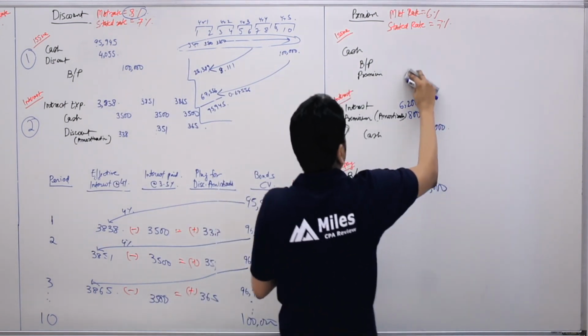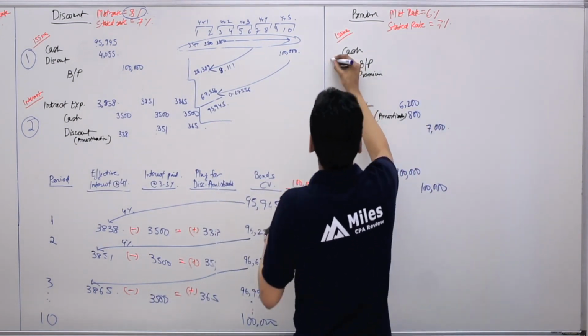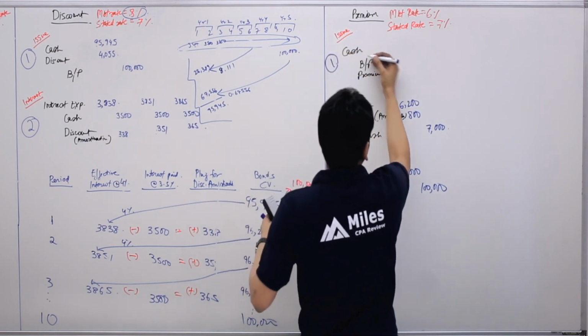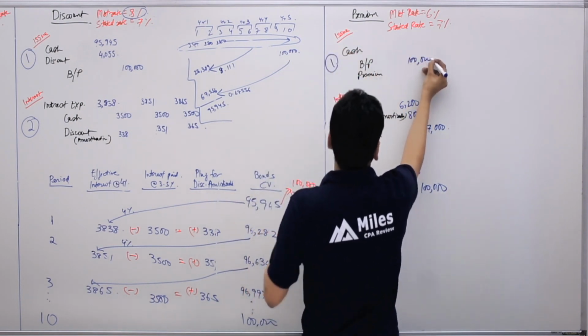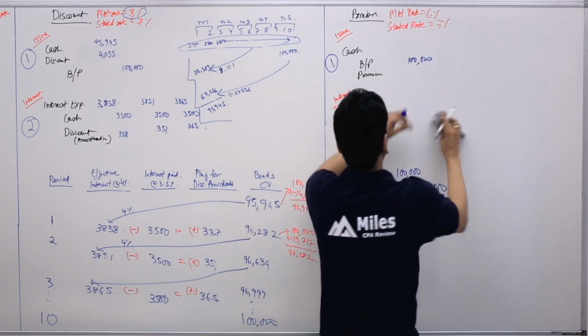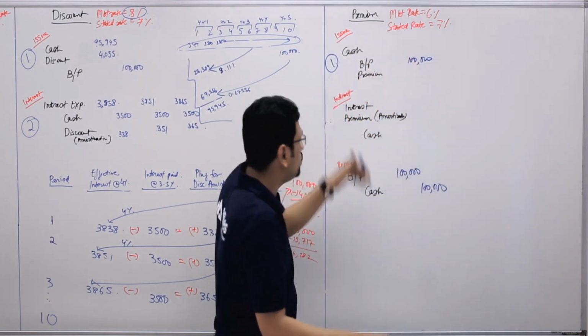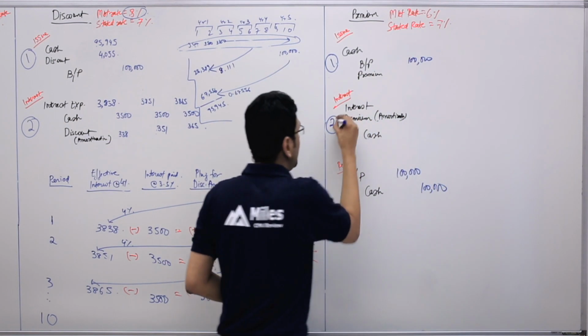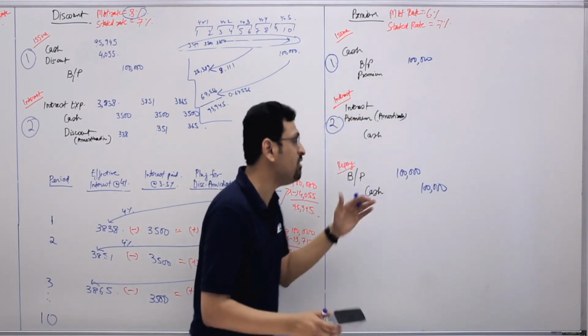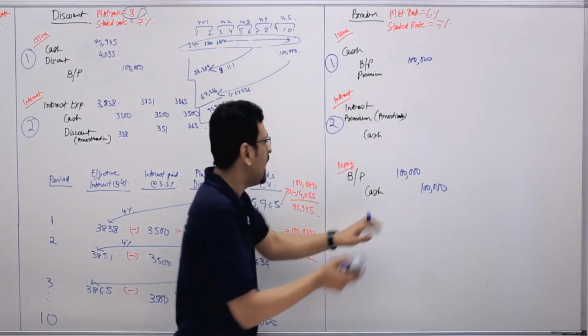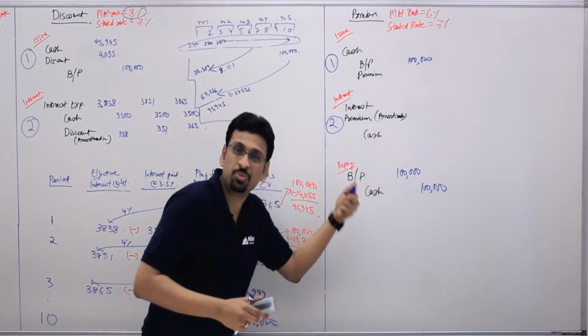So let's rub that all here. Your first step is to calculate the amount of premium. Bonds payable will be at 100,000 only. Second step is whatever premium you calculate here, you have to amortize it over the life of the bond. At the end of the life, repay $100,000. I'm rubbing it because I need a lot of space here.